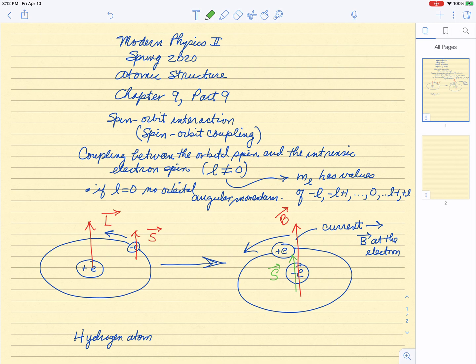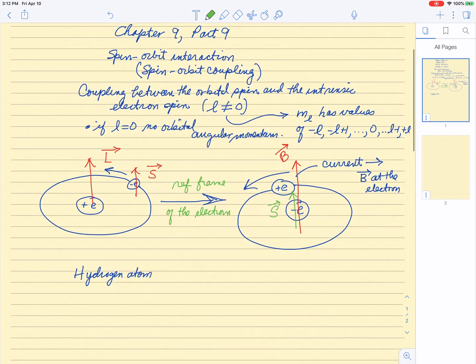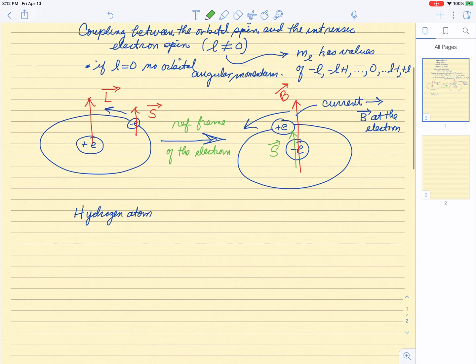And so here we are in the reference frame of the electron. What happens in this case is we're going to have a magnetic interaction between the electron spin and the field generated by the nucleus, which is in orbit about the electron.